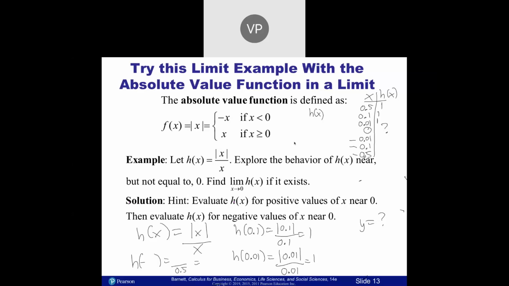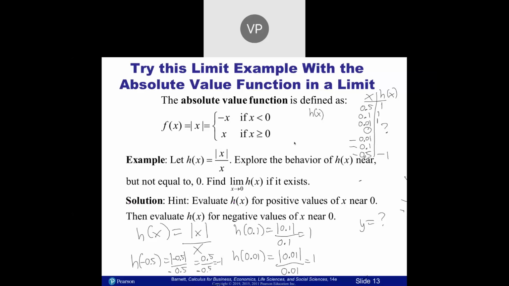So when I plug in negative 0.5, I get an absolute value of negative 0.5 on top over negative 0.5. So this becomes a positive 0.5 on top and a negative 0.5 on the bottom, and we get a negative 1 right there.